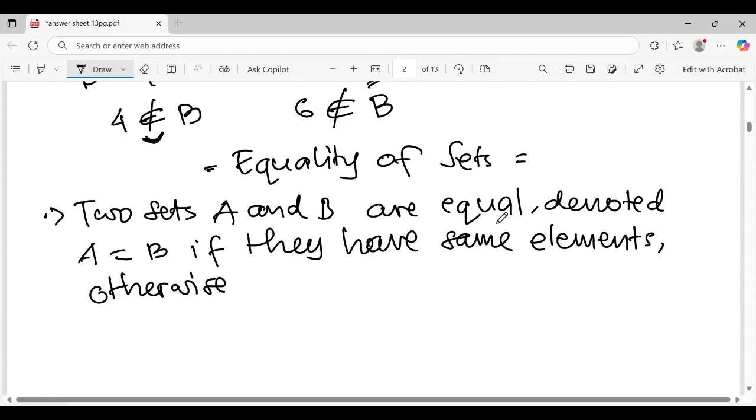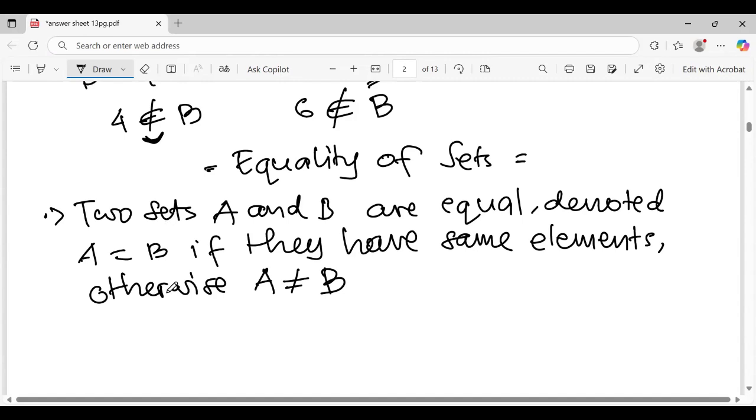Otherwise, if they do not have the same elements, it means A is not equal to B. So if set A equals set B, it means all elements of set A are the same as all elements of set B.